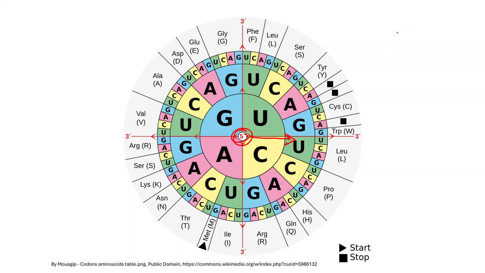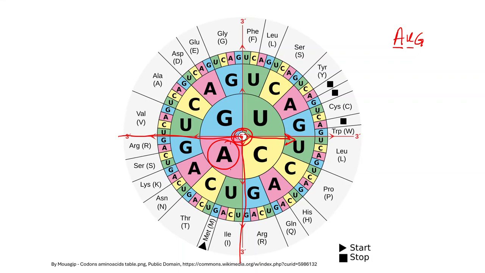So let's say that our codon that we're looking at is AUG. We would start from the center. And once we see our letter that we're looking at for the first base in the codon, we start from there and then we work our way out. So this is A. The second base is U, so we would work our way out. And once we see our first base, we're restricted to this quadrant, this quarter of the circle.